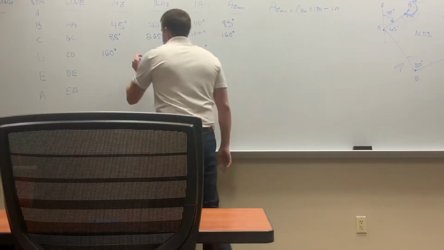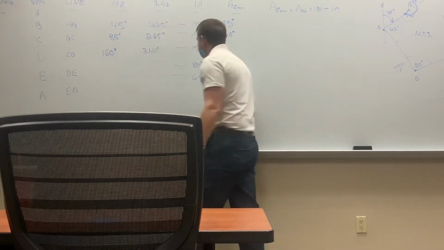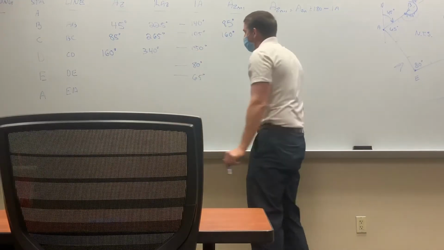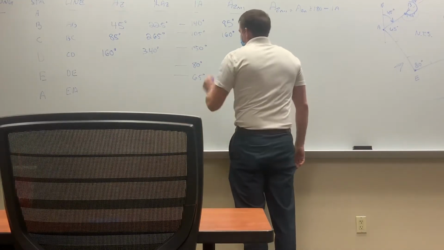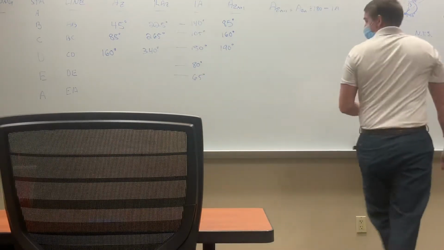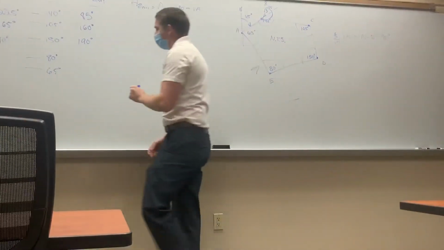Add. Leaves me with 340 degrees. I'm going to subtract out my internal angle of 150 degrees. 190 degrees. I'm saying that DE is 190 degrees, which is reasonable.